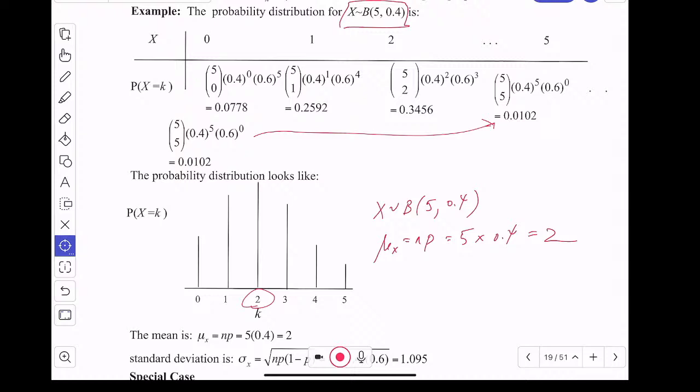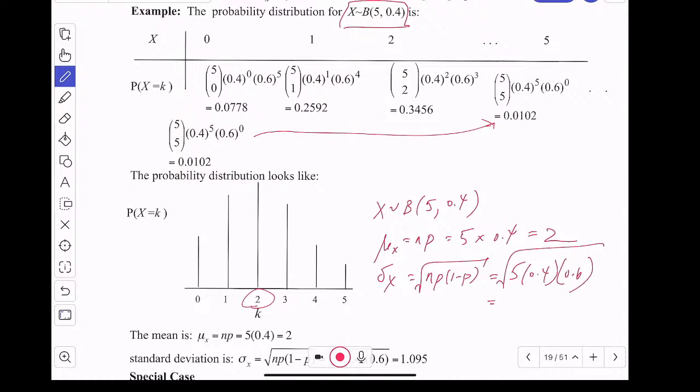All right, so what about the standard deviation? The standard deviation would be the square root of np times 1 minus p. So we can plug that in. N is 5, p is 0.4, and 1 minus p is 0.6, square root. So when you get that all together, it's 1.095.